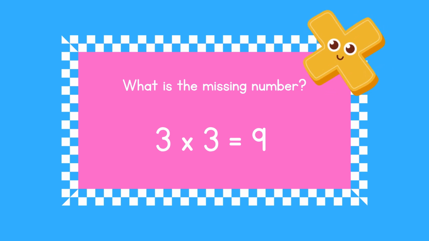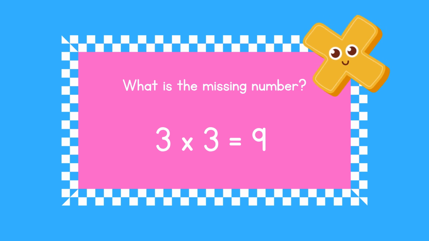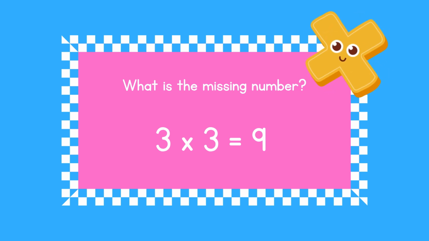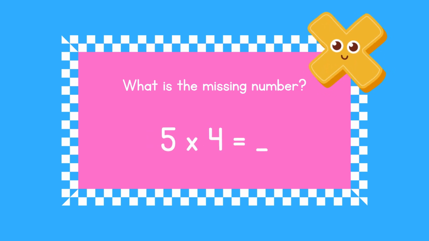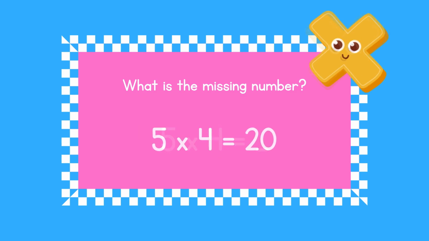Three multiplied by 3 is 9. Find the missing number. Five multiplied by 4 is 20.